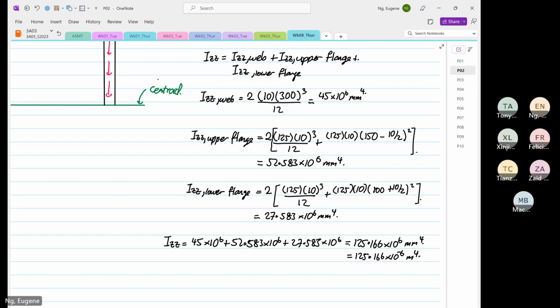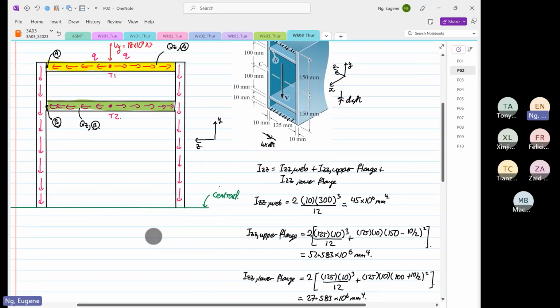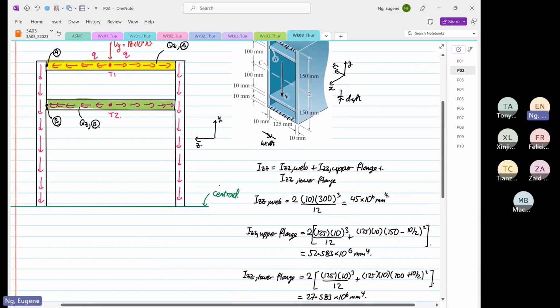Okay. So once we get here, we can find the Q Z at point A, for which we now know the area of interest.